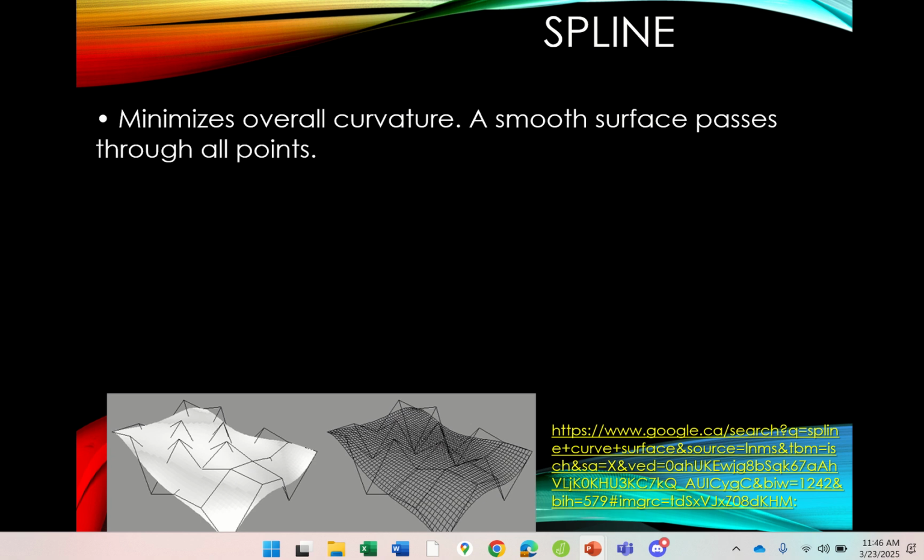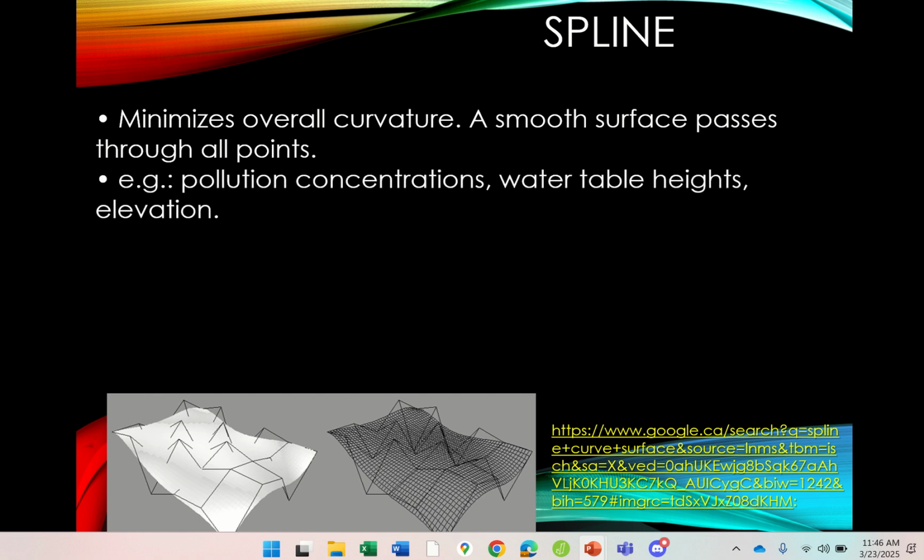Another deterministic approach is what's known as a spline. A spline is somewhat similar, but it tries to fit a best fit surface through a set of known observed points. This might be anything: pollution concentrations, water table height, elevation. Imagine you have a series of observations of water table heights across an area.